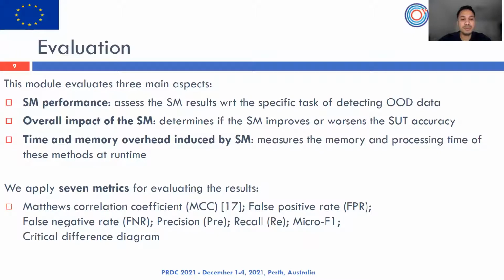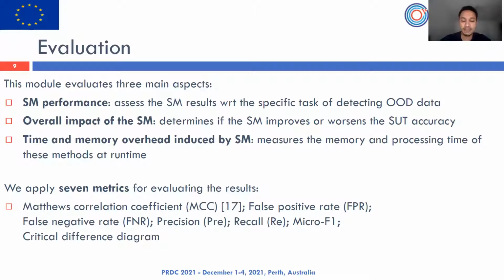And the time and memory overhead induced by the safety monitors, because we are talking about solutions that can be used at runtime in safety-critical systems like autonomous vehicles, and the processing time and memory overhead is quite important.